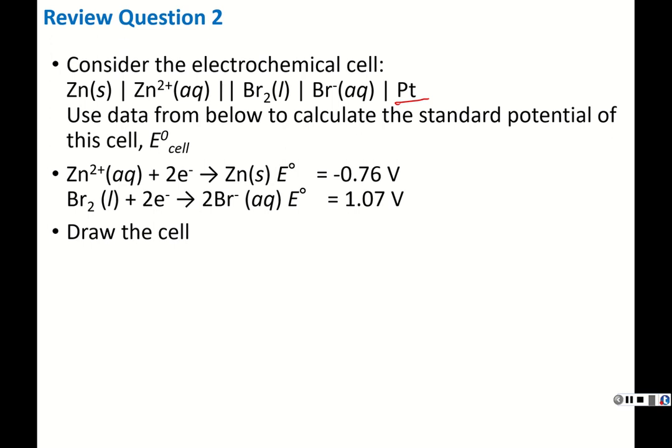Okay, so first, use the data below to calculate the standard potential of this cell, or the cell potential, right? And remember, the cell potential equals the reduction potential of the cathode minus the reduction potential of the anode.